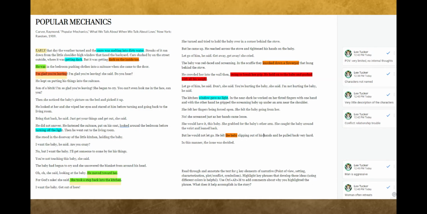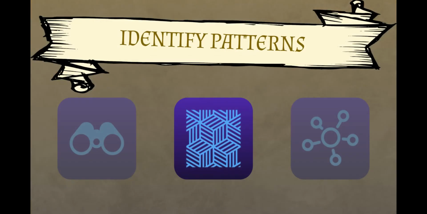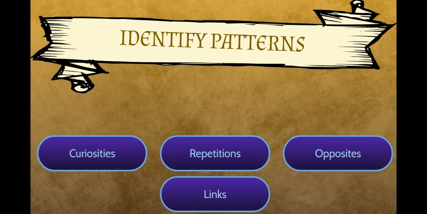So I took time to read through all that and make notes of as many things as I could. Now, the second step is what we call identifying patterns. What we're going to do is take a look at our notes and look for any types of patterns that we notice. There are four different things we can look for. One is any curiosities, things that make us ask questions, things that we wonder about.